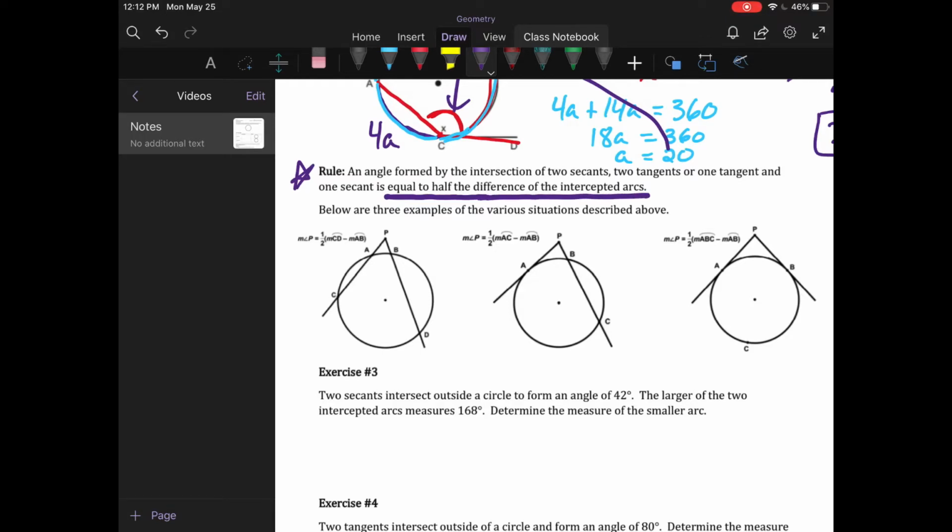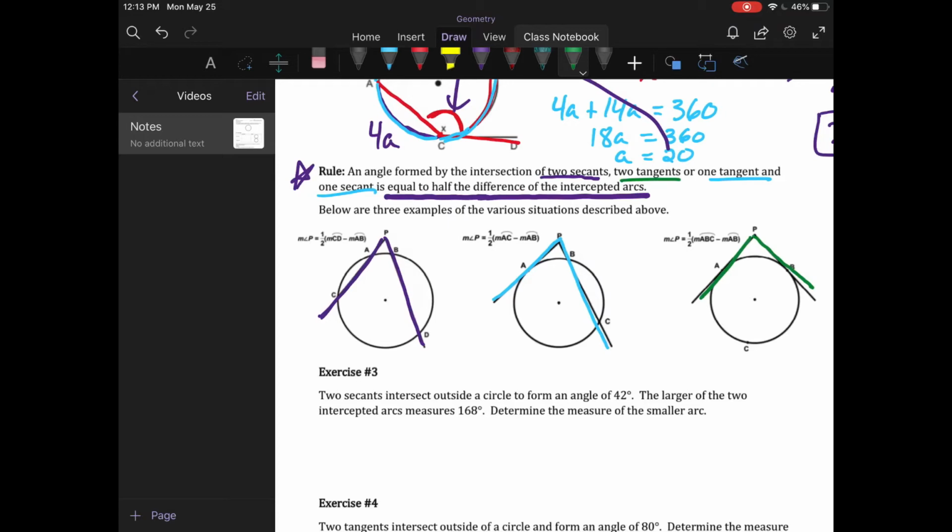So if we have this one, this is a secant and a secant. So that is this first one that they're talking about. If we look at the second one, we have a tangent because it crosses once, and a secant because it crosses twice. So that is this piece. And then two tangents is this one.